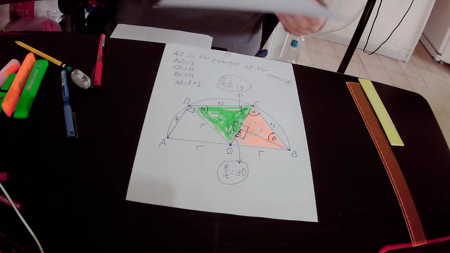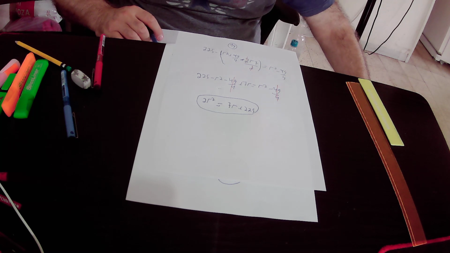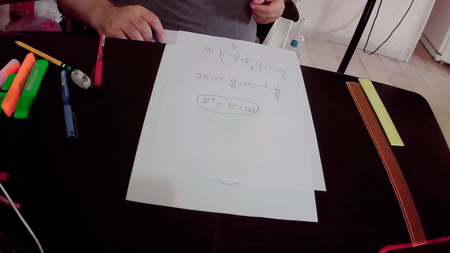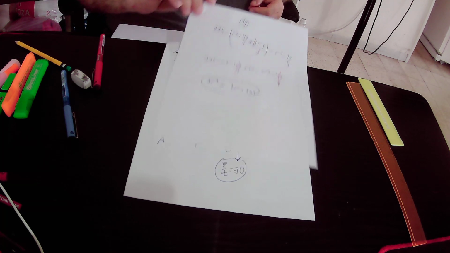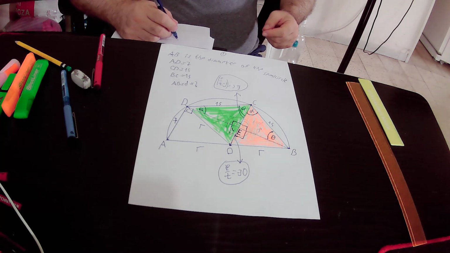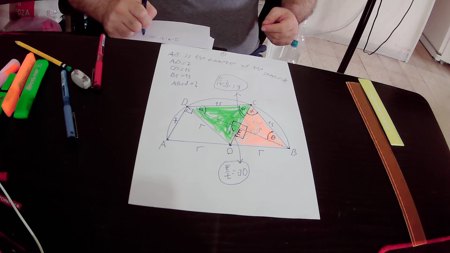So in total we got that 2R square equals 7R plus 225. Here we will subtract 7R and 225 from this equality, and we will get the following quadratic equation: 2R square minus 7R minus 225 equals 0.